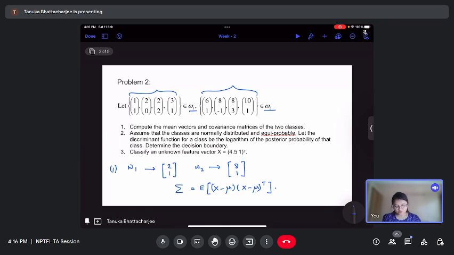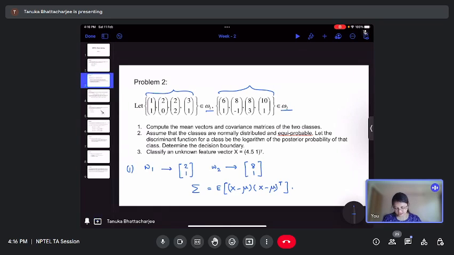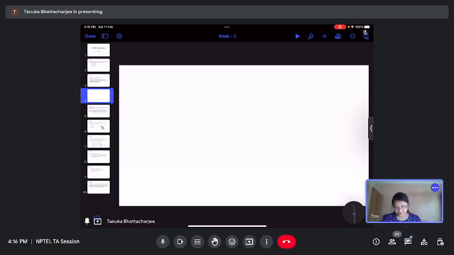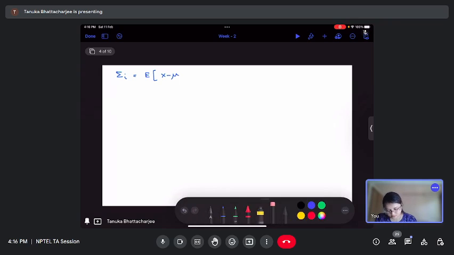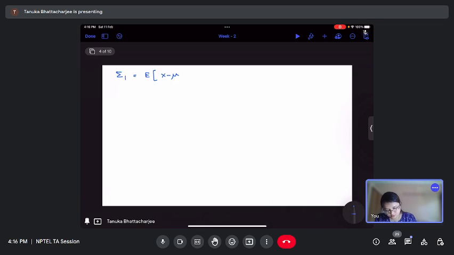So, we will compute first for class omega 1. If I denote it by sigma 1, this will be the expectation of (x minus mu 1) into (x minus mu 1) transpose, where our mu 1 is (2,1).